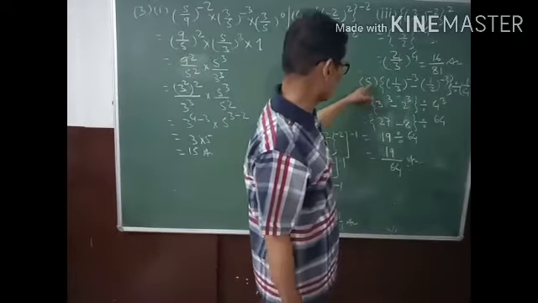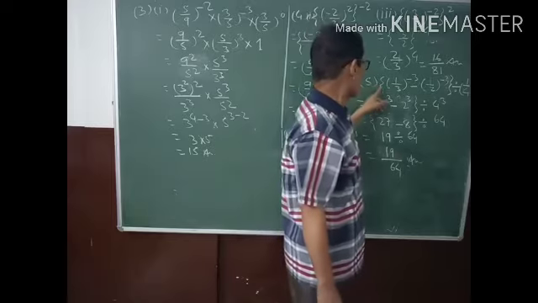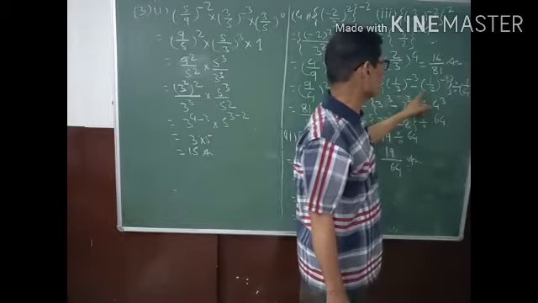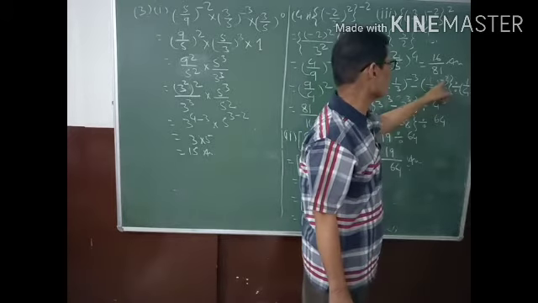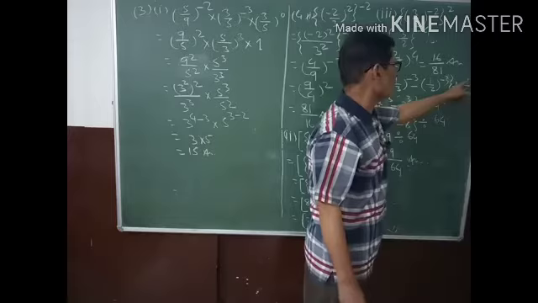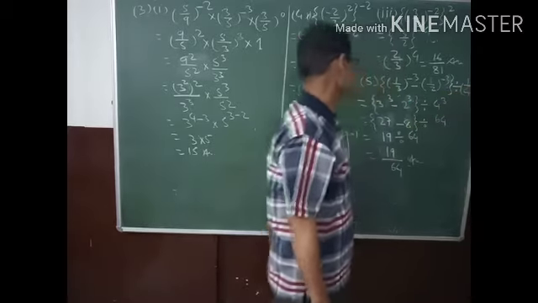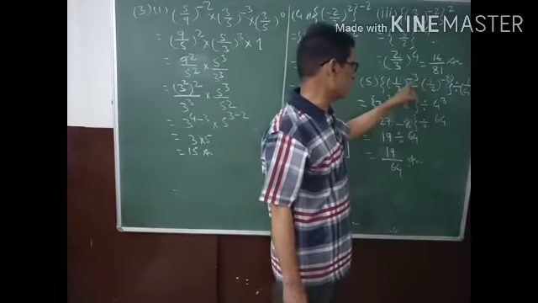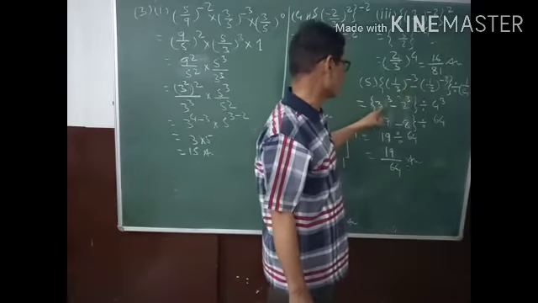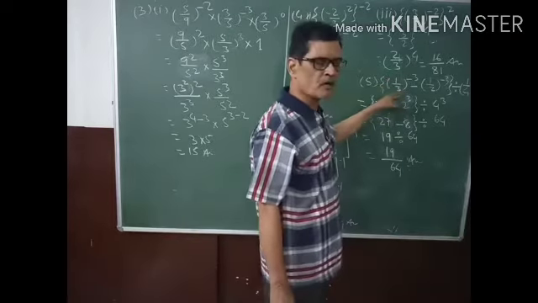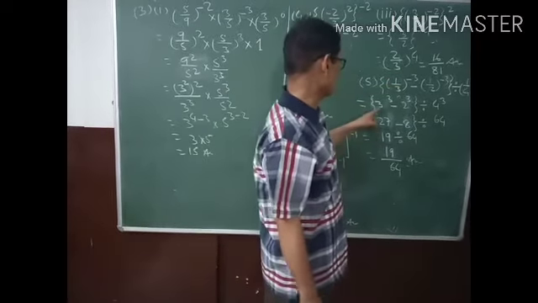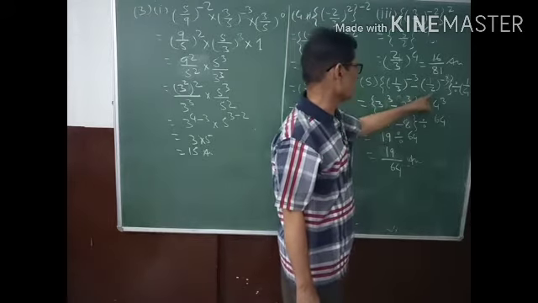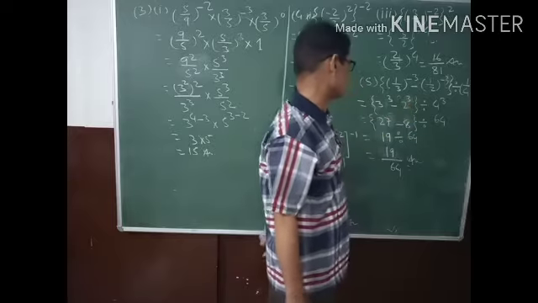Now come to question number 5. Curly bracket, 1 by 3 to the power minus 3, minus 1 by 2 to the power minus 3, divided by 1 by 4 to the power minus 3. Here the exponent is negative. First of all, change this negative exponent into positive by writing the reciprocal of 1 by 3. This will become 3 to the power cube, minus, this will become 2 to the power cube.